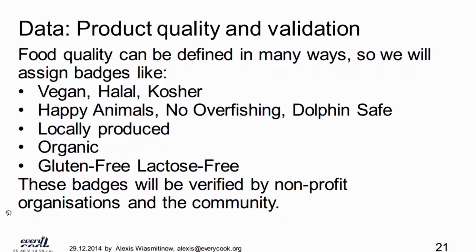And we want to make a badge system where the users can assign a badge to some products, and non-profit organizations can also do that. And so we can quickly react, maybe if someone is abusing an organic label, we want to react as quickly as possible and through the database remove that badge if it was proven that the food is not organic.